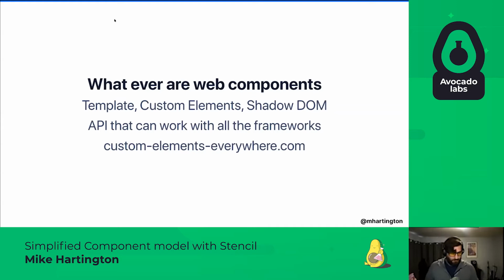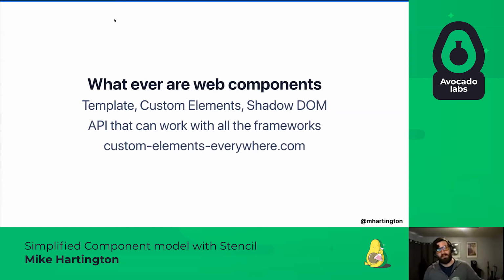So web components are built up of a few separate standards: the template API, custom elements, and shadow DOM, giving you these low-level building blocks to do inert pieces of DOM, custom elements for defining your own tag, and shadow DOM for encapsulating your component internals. All those fall under the umbrella term of web components.